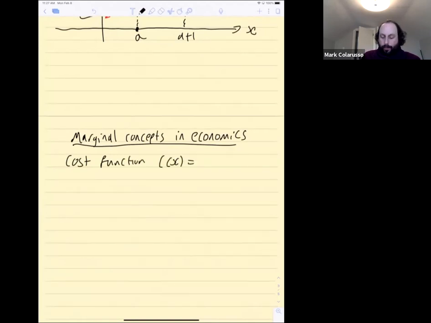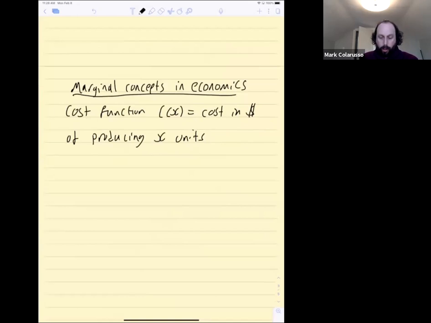This is the cost, say in dollars, of producing x units of whatever you're producing. It could be bicycles, footballs, pounds of meat if you're in the butchering business, what have you. The exact units depend on what the commodity is. It's the cost function.